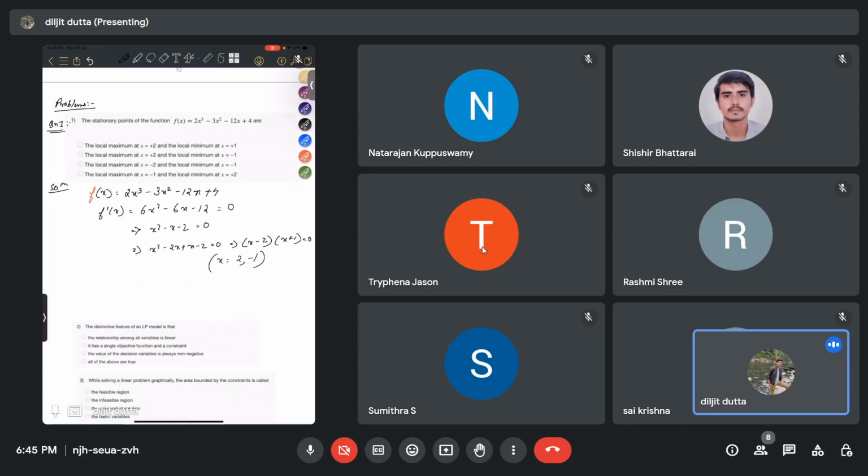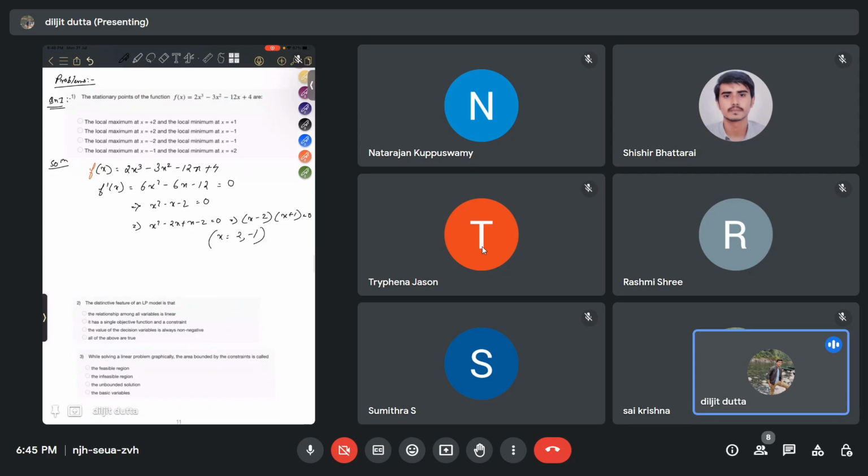Now, to see if it is a maxima or a minima, we have to get the second derivative. So f double dash x is equal to, we'll get the double derivative from this equation, 12x minus 6. No, sorry, 2x minus 1.